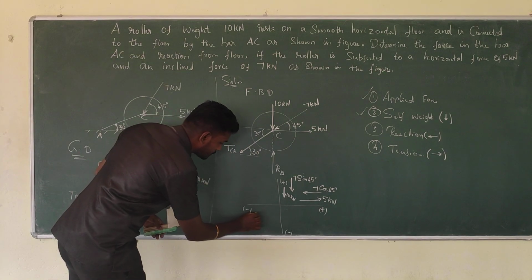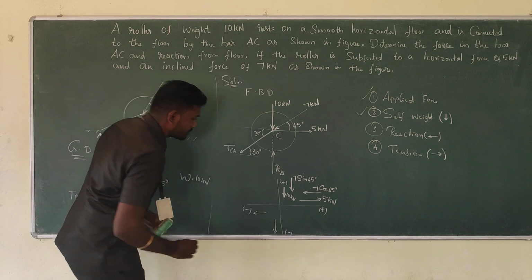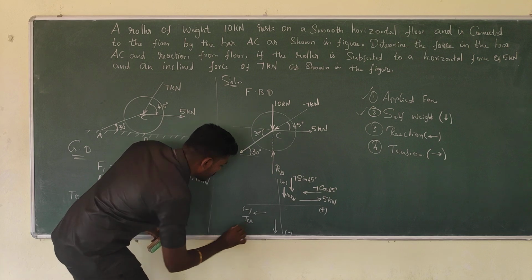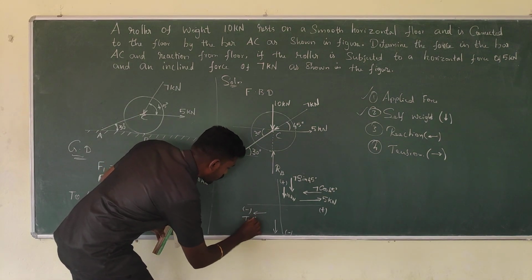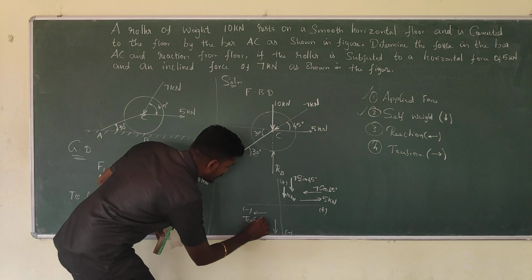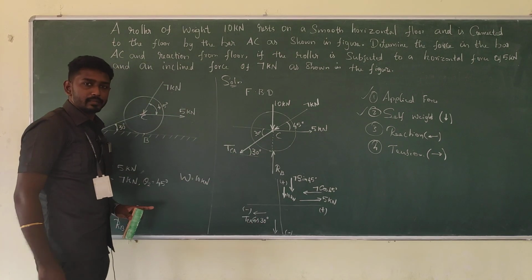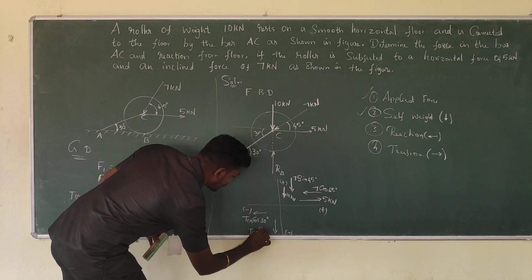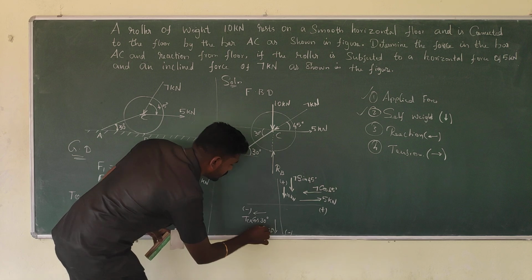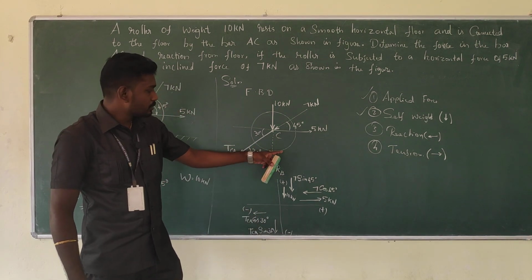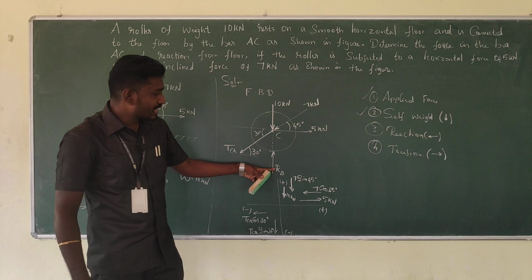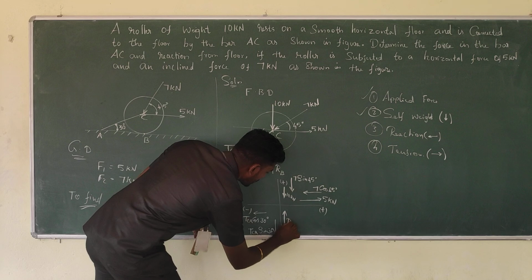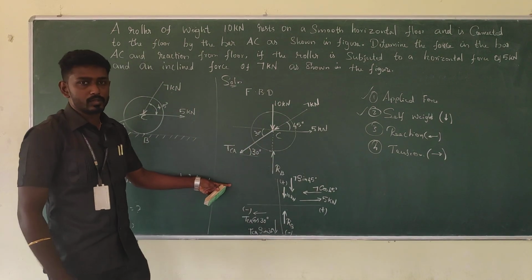For the horizontally left, I can designate the value as TCA cos 30 degree, with respect to the x-axis. And here comes the vertical force, TCA sine 30 degree. For the vertical component, it's a sine. Come to the fourth quadrant. Here we have the vertical force, which is the reaction at B, just consider like this.